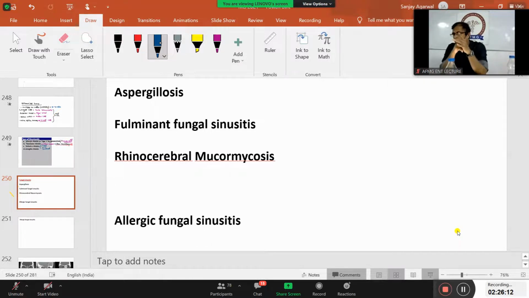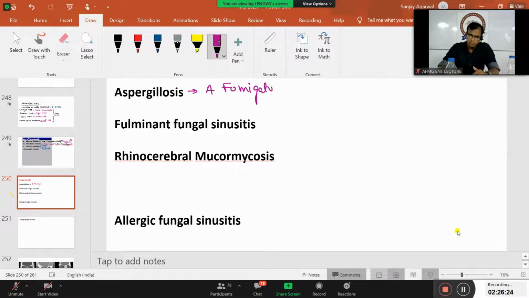Now, the first important thing you have to know is which fungus causes which of these diseases. So let us know the fungus. Aspergillosis is caused by Aspergillus fumigatus. Mucormycosis is caused by either a rhizopus or a mucor.